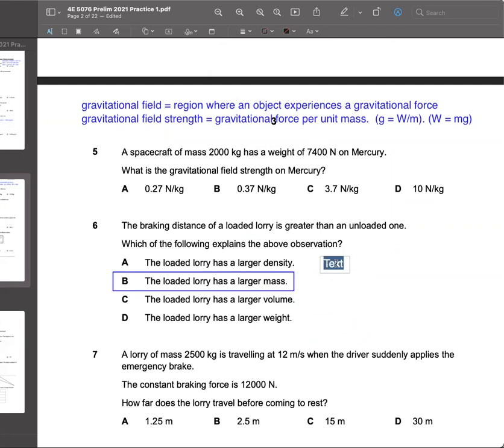Okay, not wrong, but I would prefer you to use Newton's second law, N2L. Now, how do we use N2L? What is Newton's second law? F equals ma. So a equals F over m.